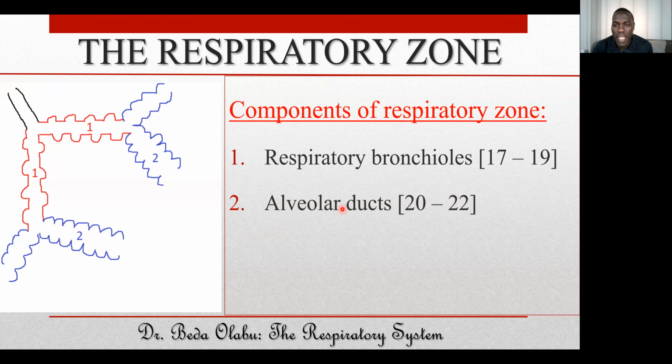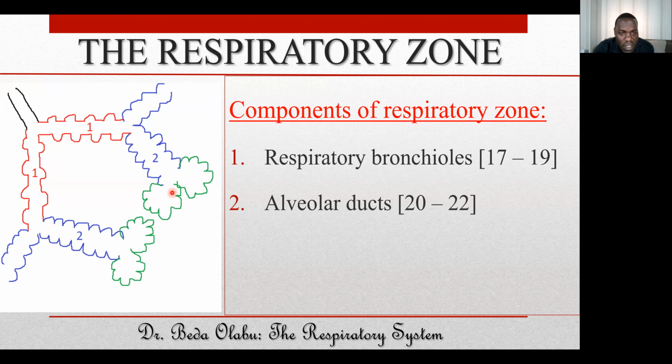Alveolar ducts are the second component of the respiratory zone. They extend from the 20th to the 22nd generation of airway division. The unique thing about them is that they're channels that don't have a definite wall, because the wall is just full of alveoli.